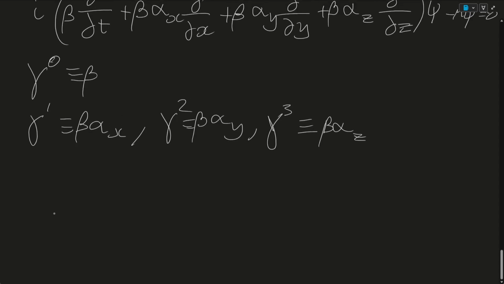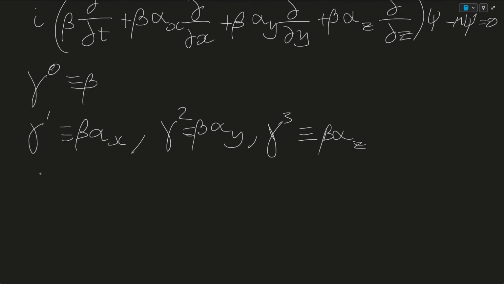And we can just check the property. So if we square this first one, we get anti-commutation. So gamma 1 squared would be, sorry, these are not to the power of.